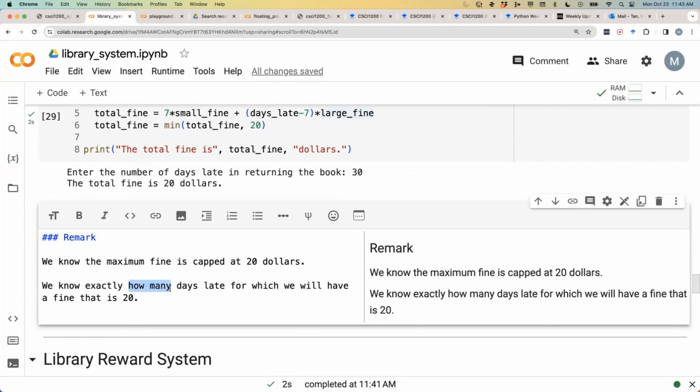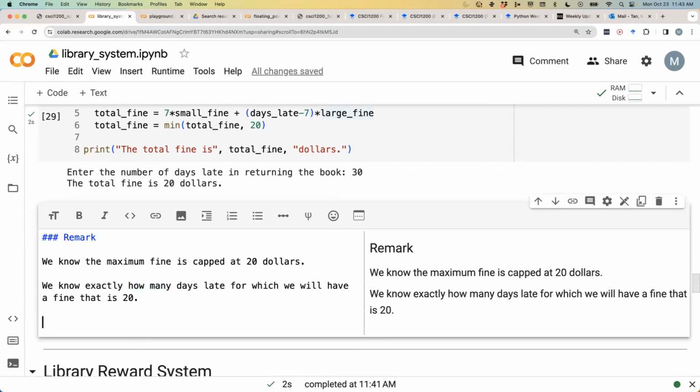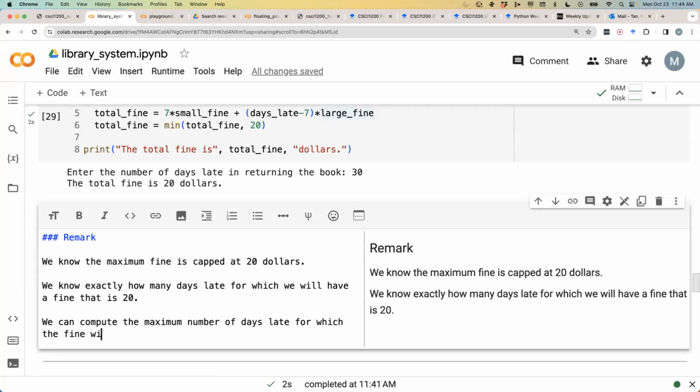How many days late? We can compute the maximum number of days late for which the fine is less than $20.